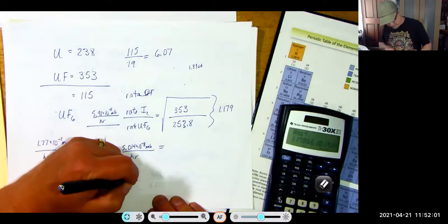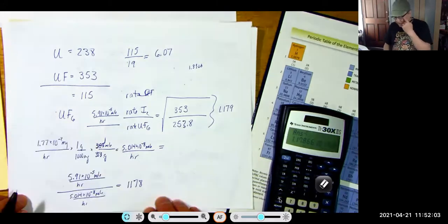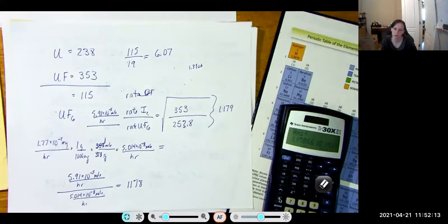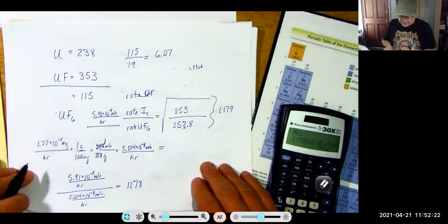What did you get? I got 1,178. Is that what you got? Yeah. Something with the decimal place. So let me see if I copied something down incorrectly.